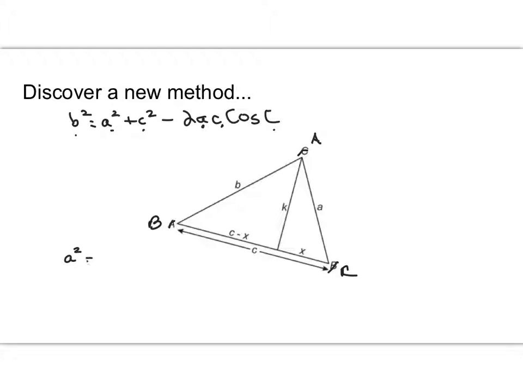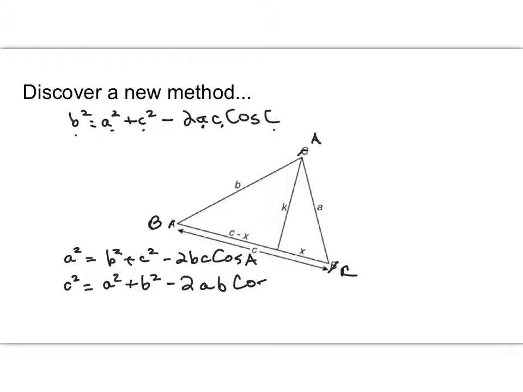A squared equals B squared plus C squared minus 2 times B times C cosine of A. Or if I wanted to change them again and find c squared, well, that equals a squared plus b squared minus 2a times b times the cosine of c.